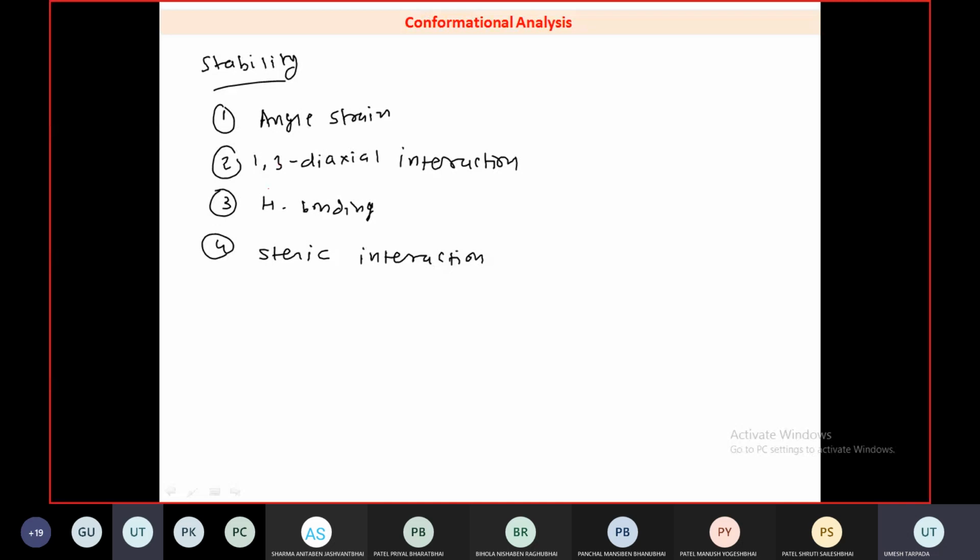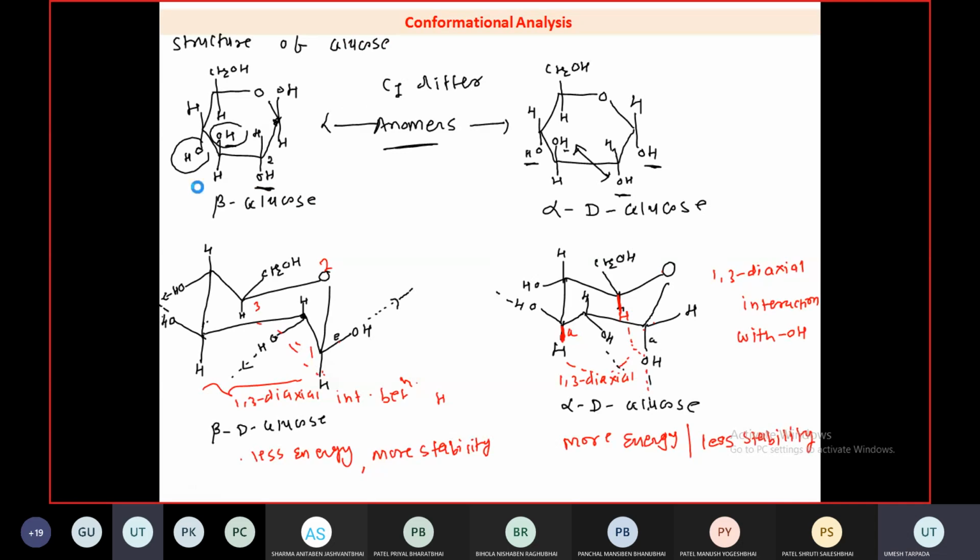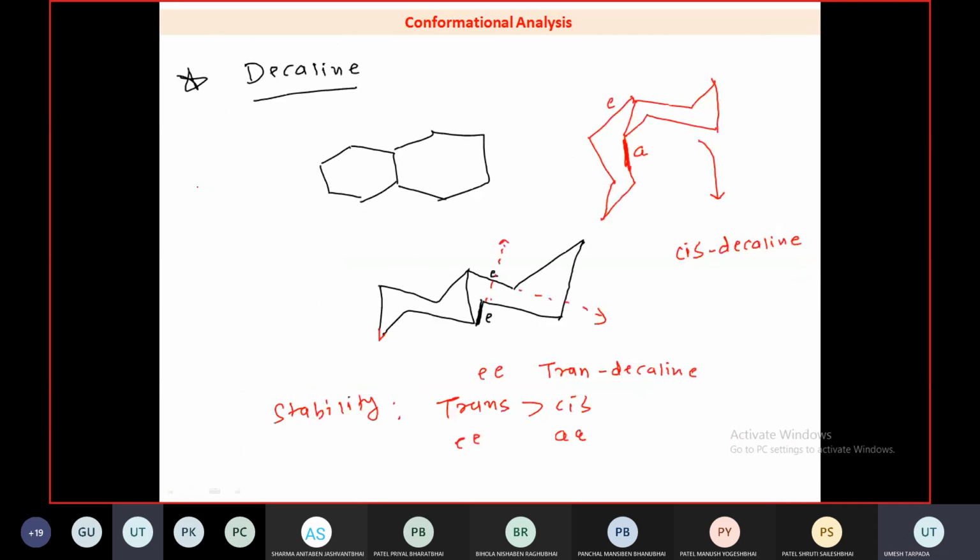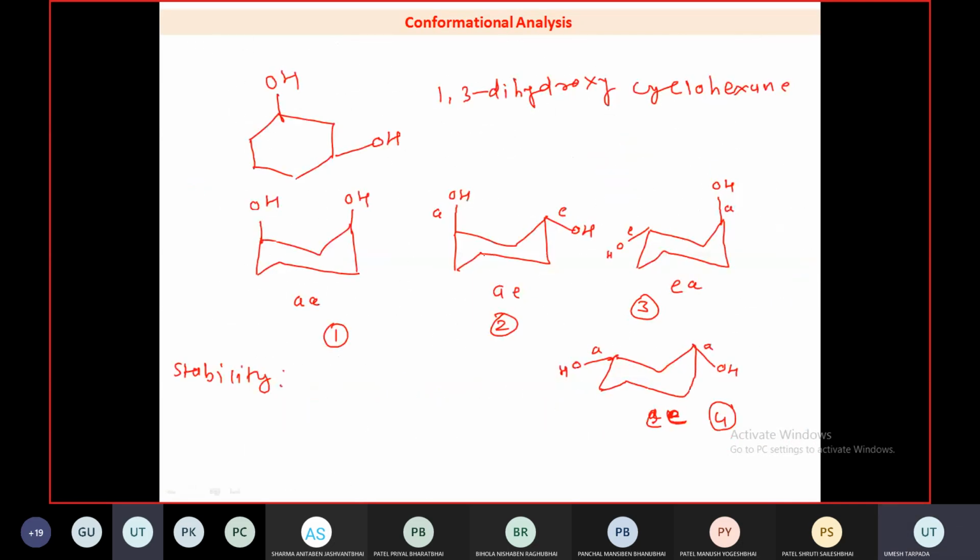Whenever you are deciding stability, this factor is also very, very important: hydrogen bonding. See, two polar groups are at 1 and 3 positions. In this case the two groups are very close to each other, so hydrogen bonding is possible. But in the fourth structure, the two groups are away from each other, so hydrogen bonding is not possible. Because of H bonding, structure 1 is more stable.